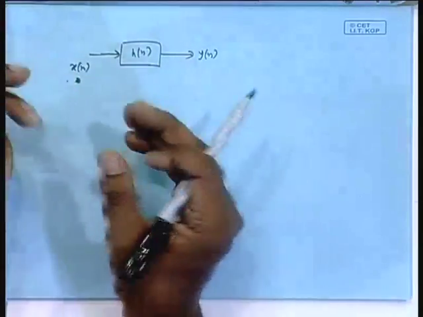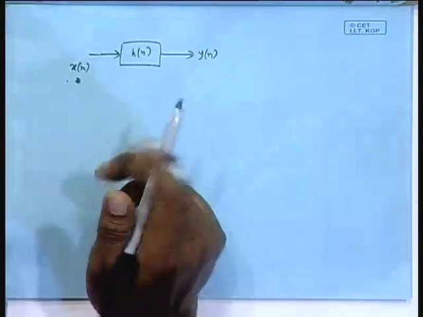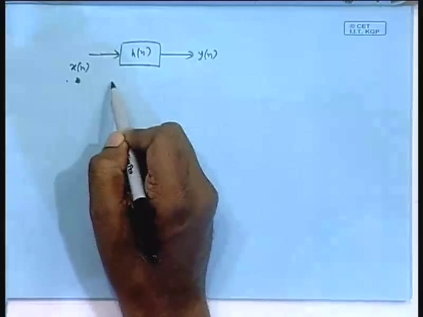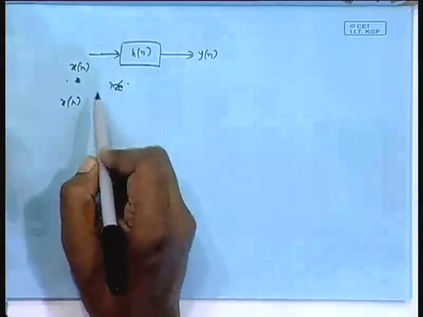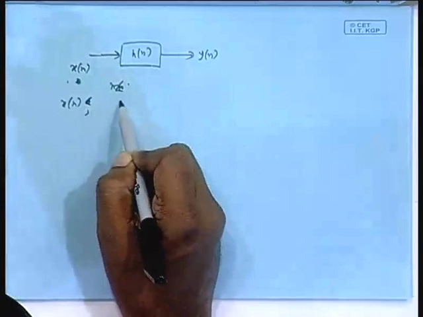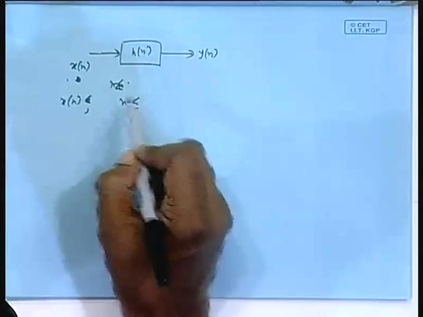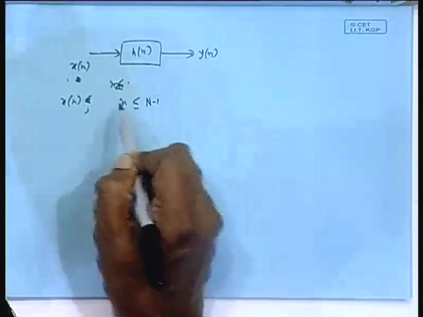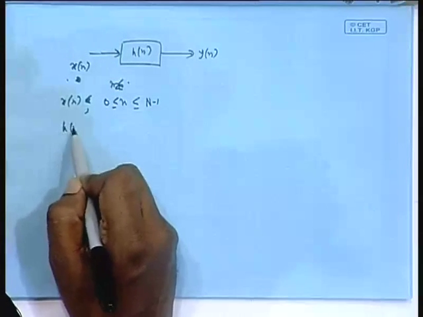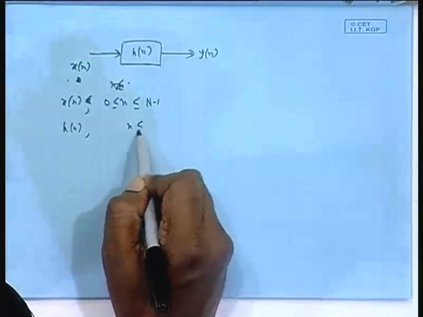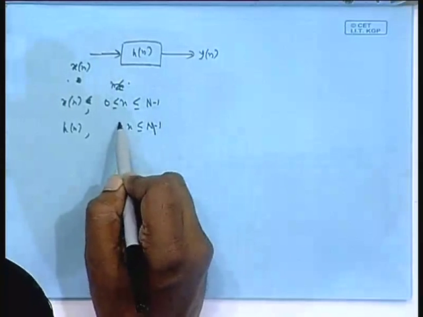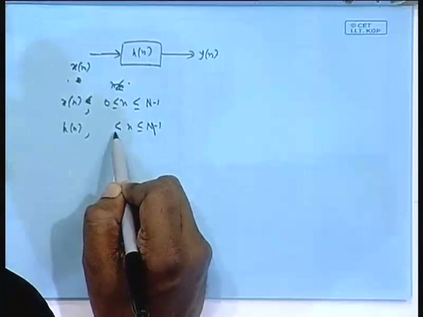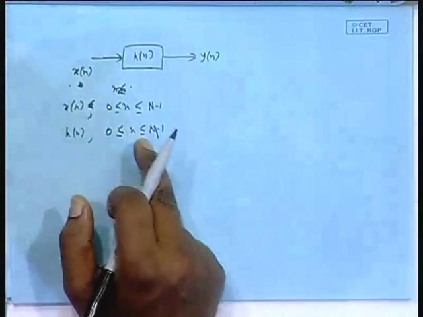If not, you can add some zeros and make them the same length. Length is say n. Or if you want, x n is for n equal to 0 to, in the most general case, capital N minus 1, and h n is of length m.